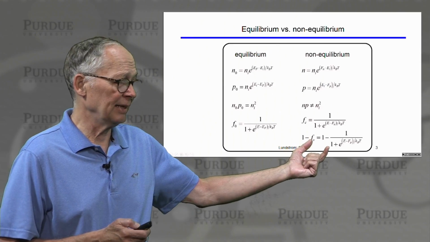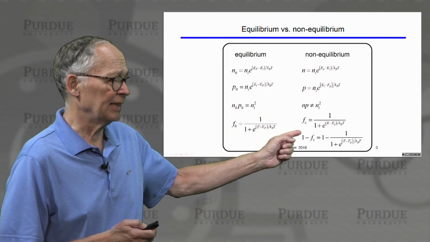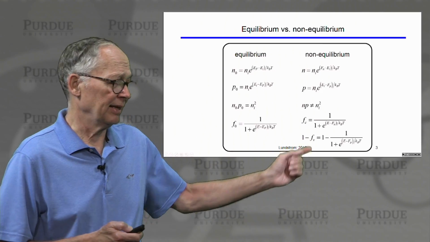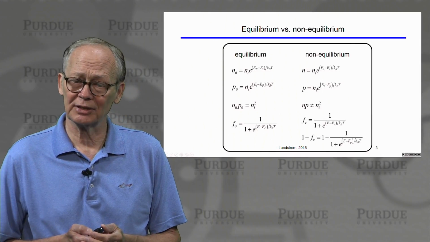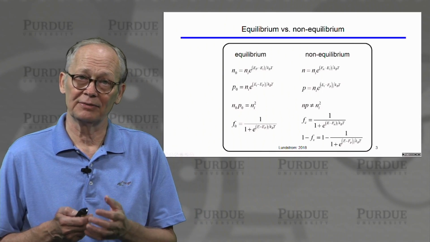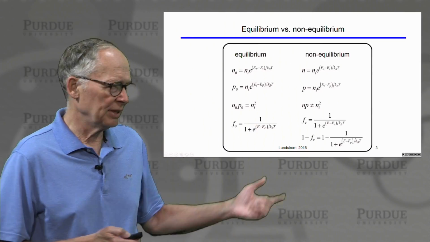And for the valence band, we're interested in the probability that a state is empty. That's 1 minus F. But F is not given by the Fermi function. It's given by something like a Fermi function, but instead of the Fermi level, we have the quasi-Fermi level for holes.